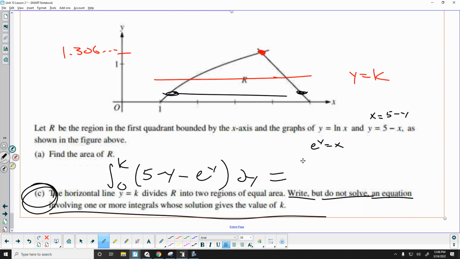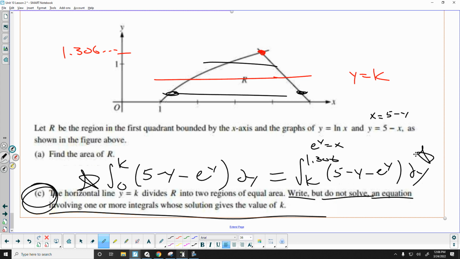Okay, that's fine. K is 1.306, the top half. This is a quick way to get around having to find the area. They just want an equation, here's my equation. They didn't even ask you to solve it, okay? All right, I hope we embrace the shifting of perspective because it's very, very necessary moving forward in this unit. Thank you. That's the answer.